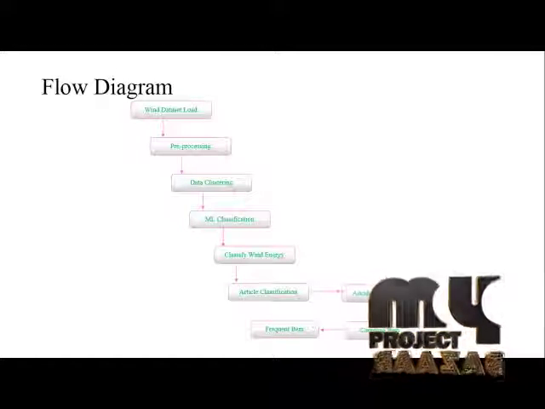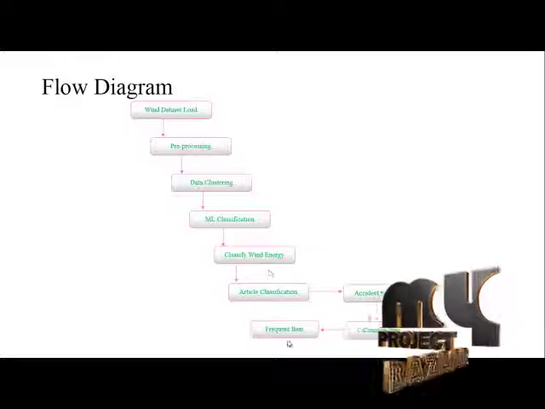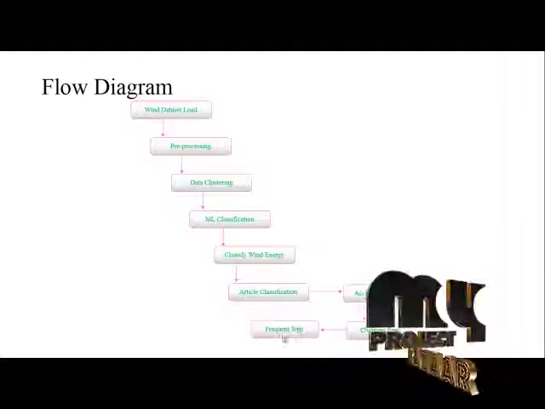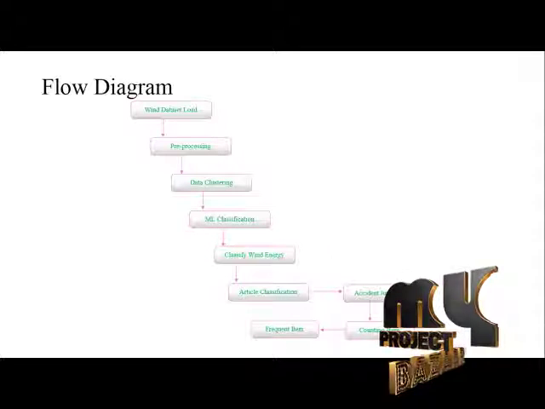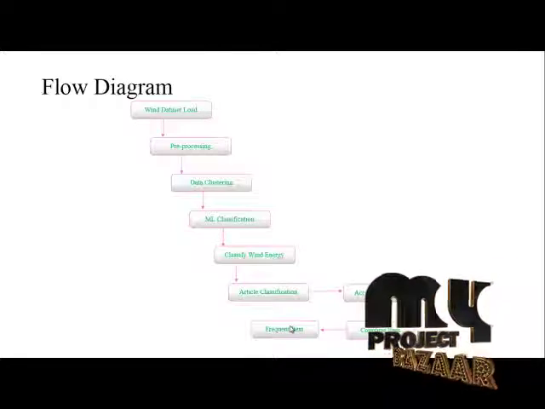Finally, the Apriori algorithm and other algorithms are used to find the frequent item sets. After finding frequent item sets, the decision tree algorithm is used to draw the tree.